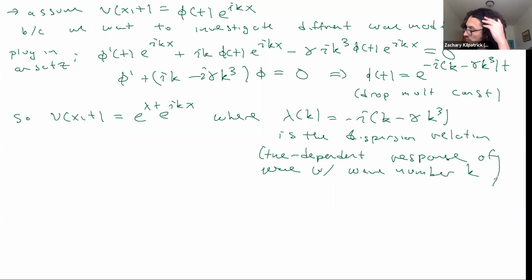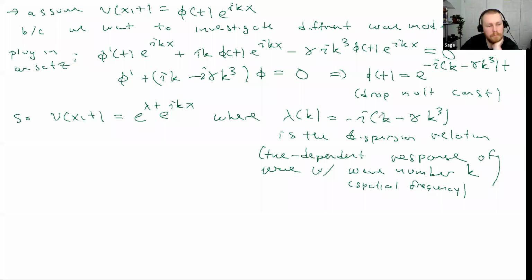Or you could also think of that as a spatial frequency, right? You can make sines and cosines out of complex exponentials. And so that tells you something about disturbances in u with a certain spatial frequency, how they're going to propagate in time, okay?